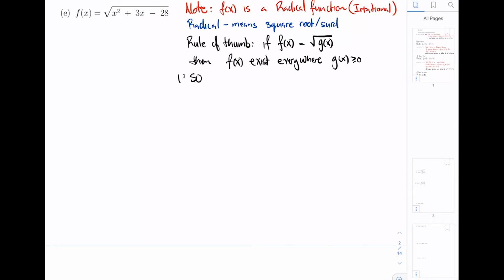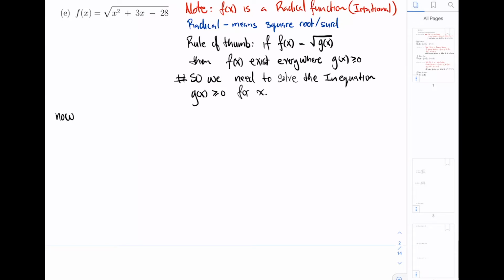So we need to solve the inequation g of x greater than or equal to 0 for x. Once we do that, then we'll be able to write down our domain.